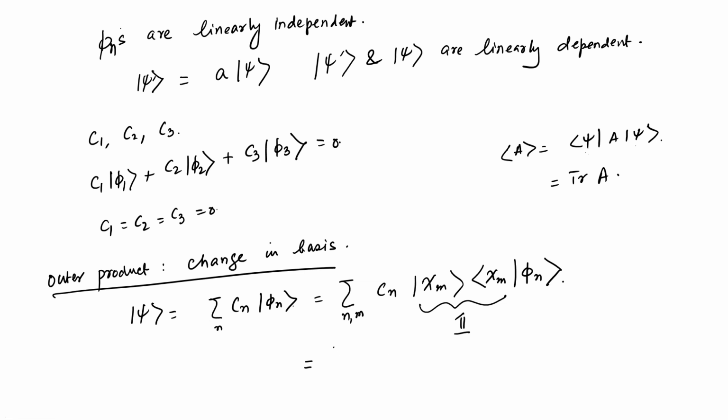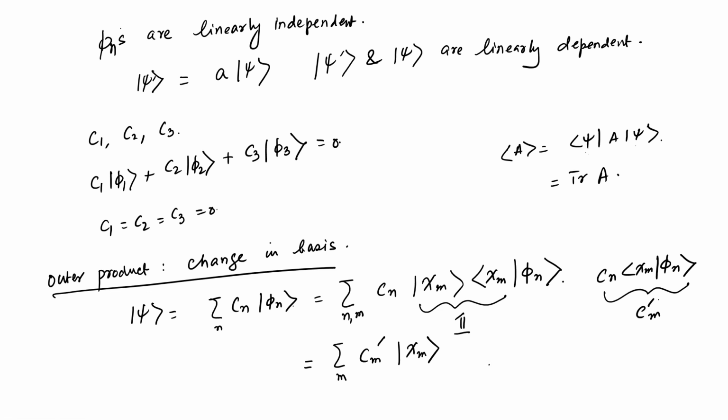so this can be like sum over m, C m prime and chi m, where this C n and chi m and phi n, all these are scalar quantities, in general complex quantities, written as C m prime. The prime is not with m, but the prime is with C, which is a new coefficient that depends on the new basis.